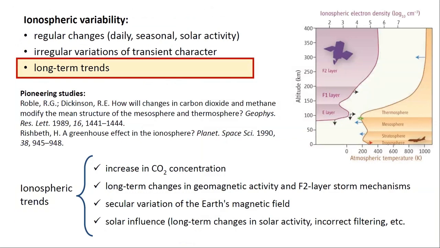Long-term trends have been of interest since the pioneering study in 1989 by Roble and Dickinson, suggesting that the long-term increase of greenhouse gases concentration that induces a global warming in the troposphere would produce a global cooling and shrinking of the upper atmosphere, which would affect the ionosphere.